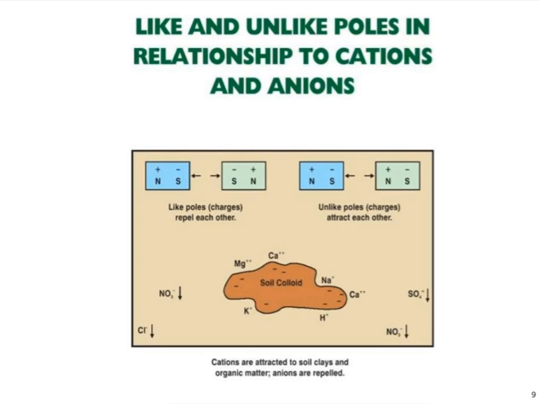When having similar charge, they repel each other, and unlike charges attract each other. This is a pictorial example of attraction of cations on colloidal surfaces, that is soil colloids.